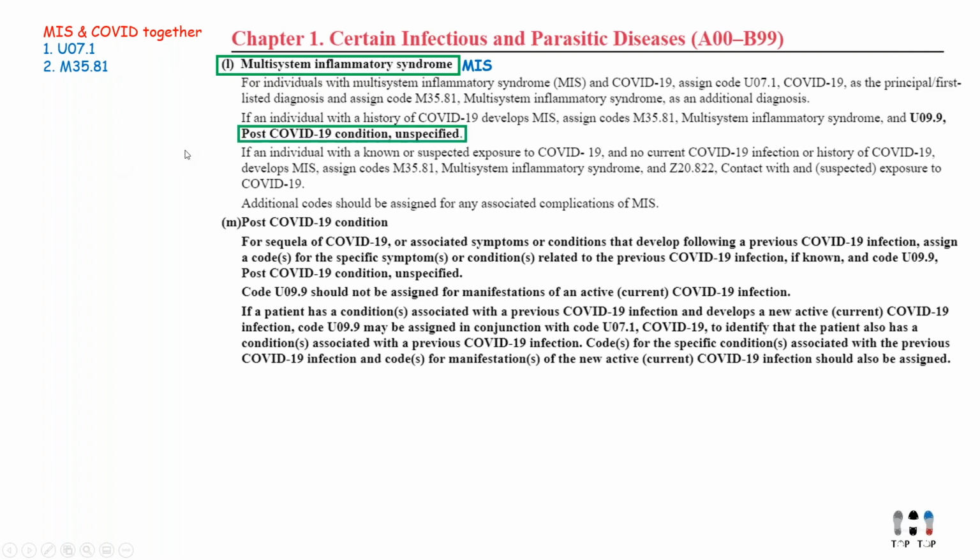Now, when the patient acquires the multi-system inflammatory syndrome post COVID-19 condition, so if it happens after COVID-19, you're going to sequence, of course, your multi-system inflammatory syndrome code first, followed by your U09.9.